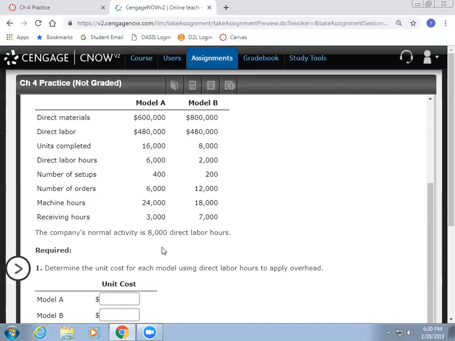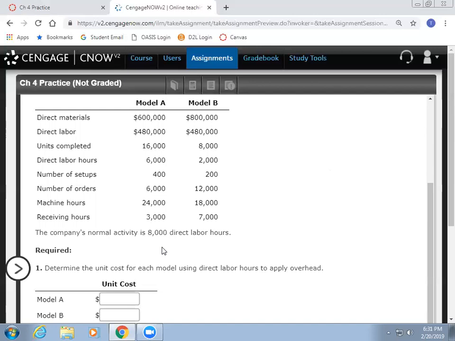Direct materials are $600,000 plus labor of $480,000 plus $260 times my direct labor hours of 6,000. We're going to do all of that, which this should be what, 1,560,000.